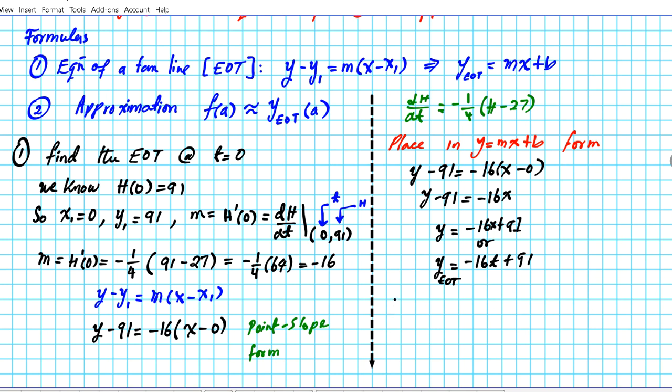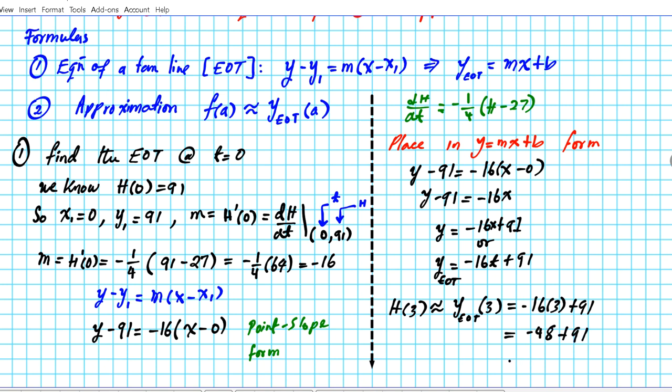So h of 3 can be approximated using the equation of the tangent line evaluated at that value, which is 3. Just plug what you're approximating into the equation of your tangent line, and you're going to have negative 16 times 3 plus 91, and that's negative 48 plus 91.